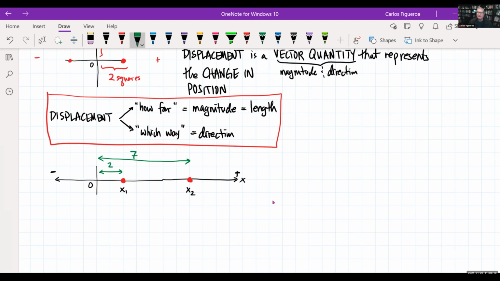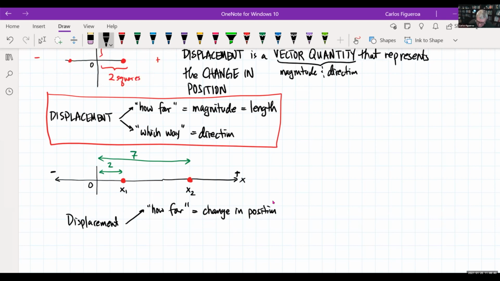And if I count all the way to here, this is 7 squares. So what you're finding here is that the displacement must be the change in position. Okay? So when I look at the displacement, we saw when we say the word how far, this is the same as the change in position.